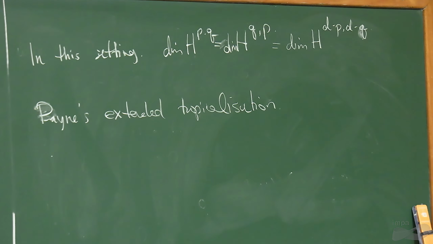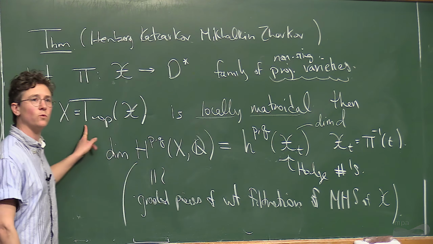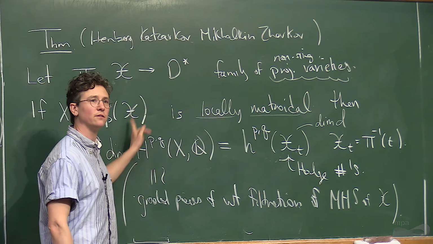Sorry, but then this tropicalization depends on the embedding in the projective space. Of course, absolutely. But the theorem is true for any such embedding. No, because the tropicalization is also sensitive to the embedding. So whether this is locally matroidal depends on the embedding.